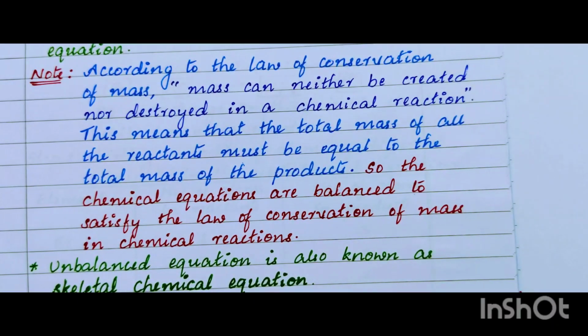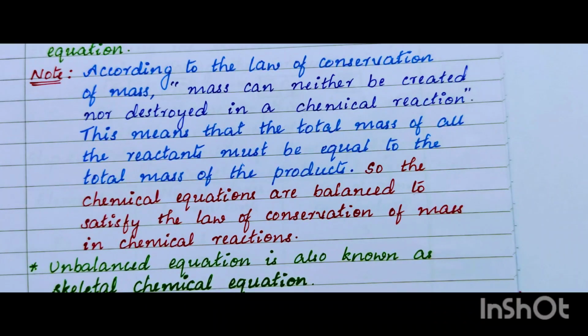Now you may think, why do we have to balance it, or what is the problem if the chemical equation is unbalanced? But in the previous year, in class 9th, we have studied the law of conservation of mass. What it says: mass can neither be created nor destroyed in a chemical reaction.